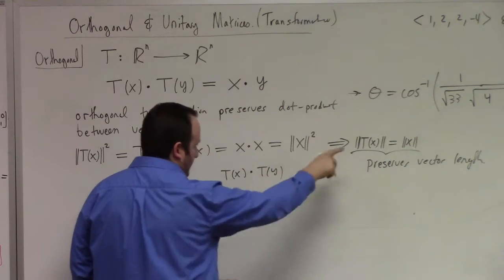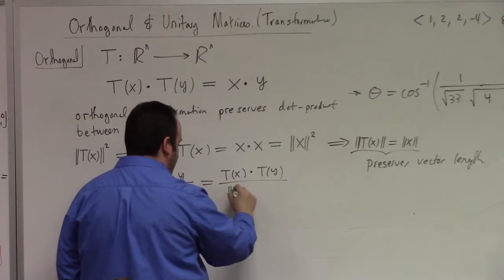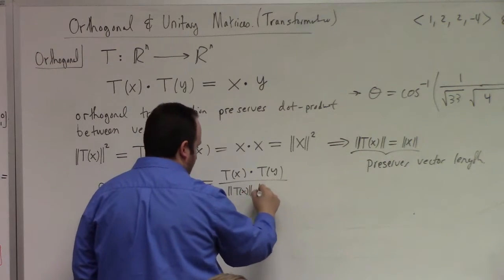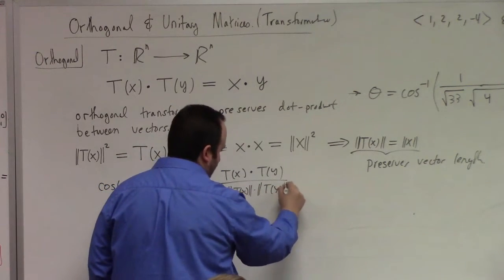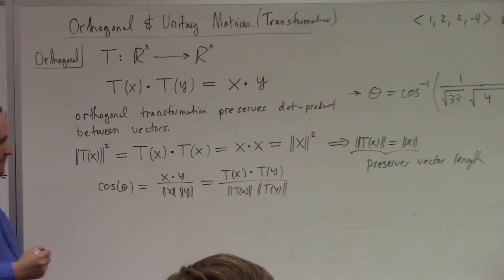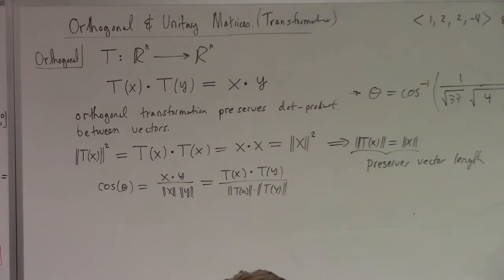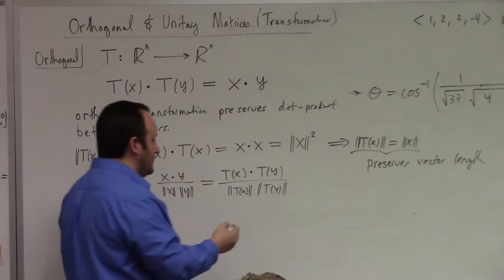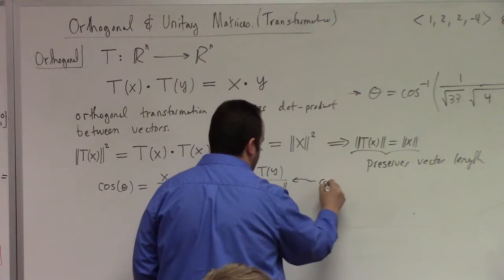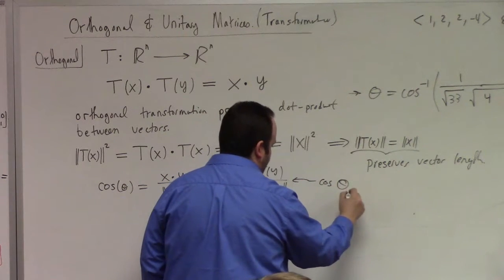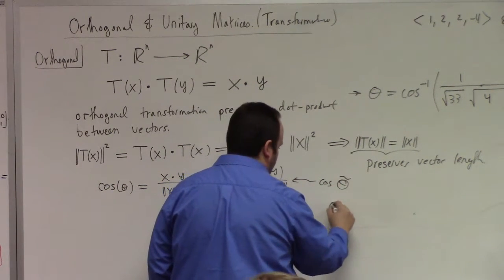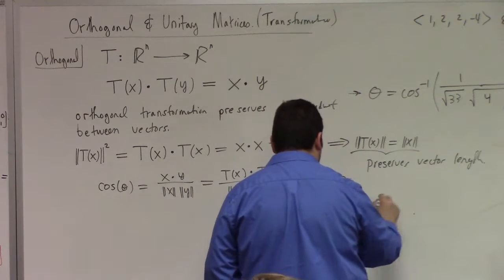And by the calculation above, that's divided by the length of T of x and the length of T of y. So that is the angle. So this right here is the cosine of theta tilde, where theta tilde is as pictured.